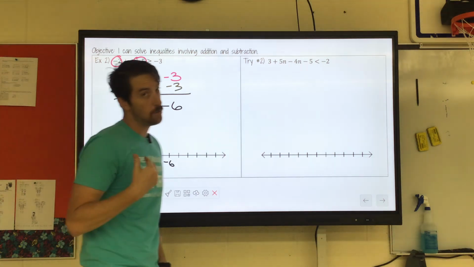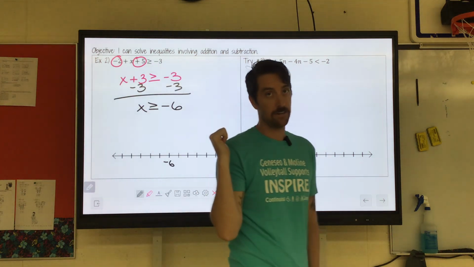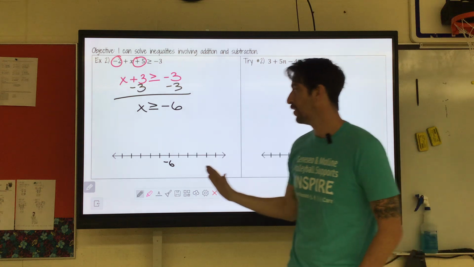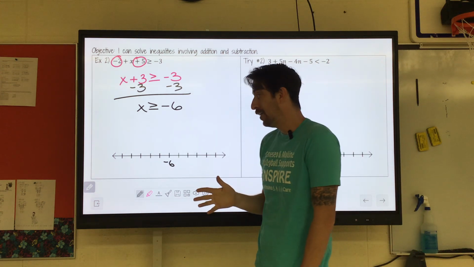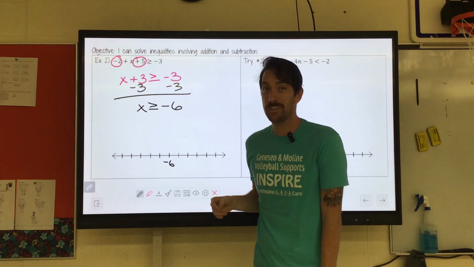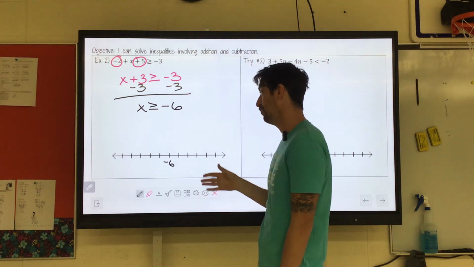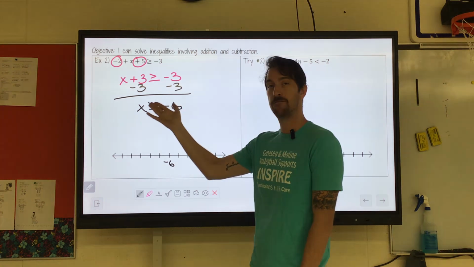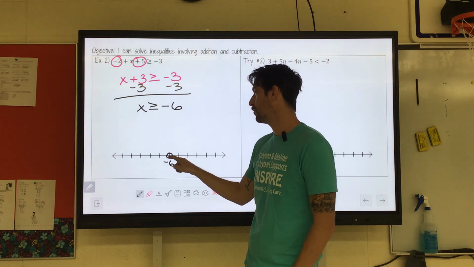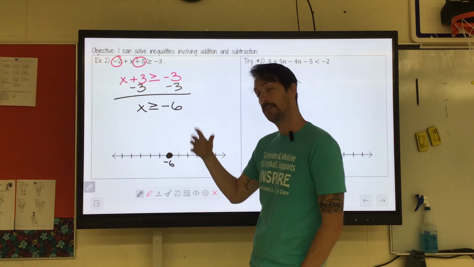-6 is the only number I care about when I'm checking your solution. So if you want, you could fill in every single one of these lines. It's up to you. I am really only going to look at your -6. So if you want, you could just put -6 there. Now, this is going to get a filled in dot because it's got the or equal to's. Negative 6 is a solution.